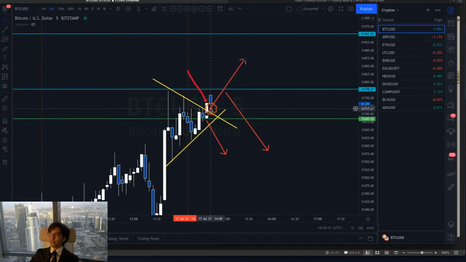And we have to wait for this candlestick close. If it closes above the P wave, we can also say that this is a P wave breakout. And from the next candlestick onwards, we expect the market to go up like this. So we'll see.